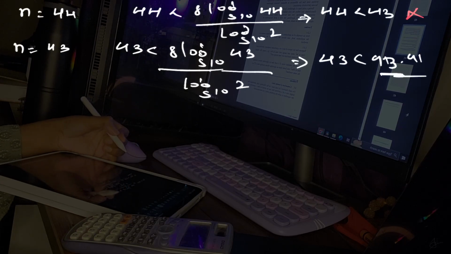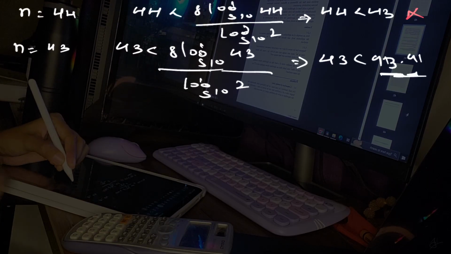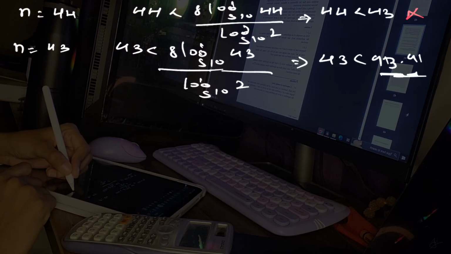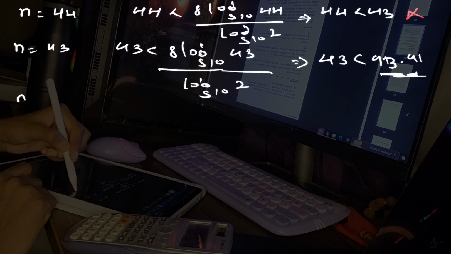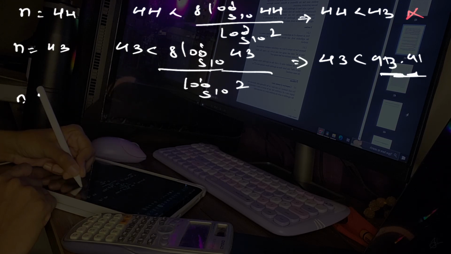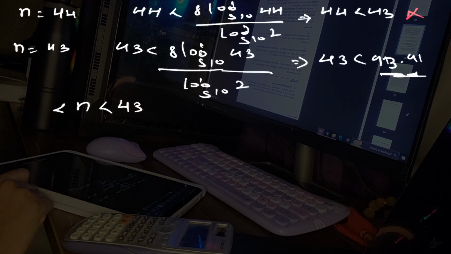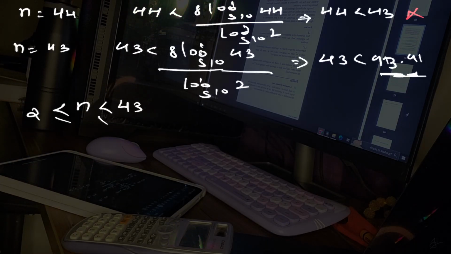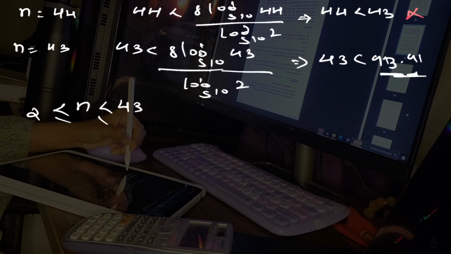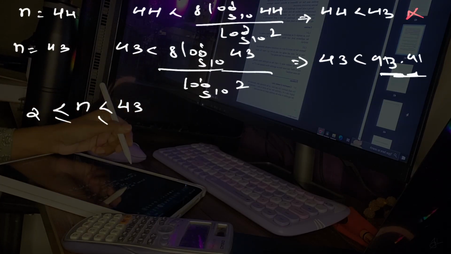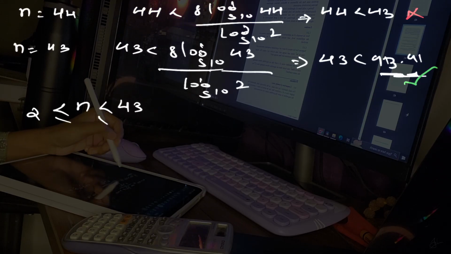Okay, so if we disregard these decimal values, if we take all the values from n starting at 2, n suffices for all the values which are greater than 2 and less than 24, because this is not considering decimals.